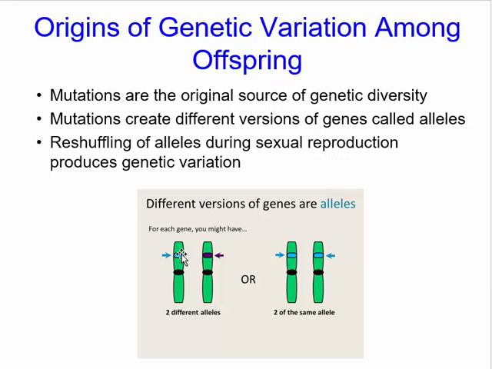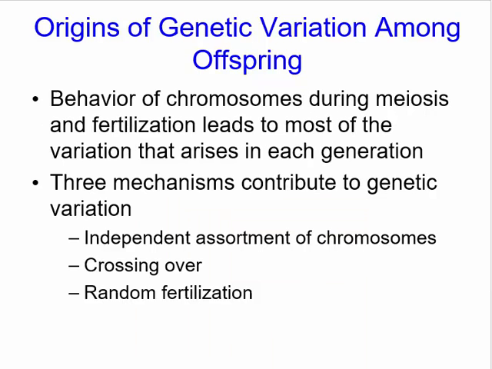So here's an example. We've got this blue allele and this purple allele, whatever they happen to be. Those are different variants. Sometimes you might have the same allele for that particular gene. And so that crossing over and the alignment during metaphase allows for the mixing of these different alleles. So these are important things that contribute to genetic variation.